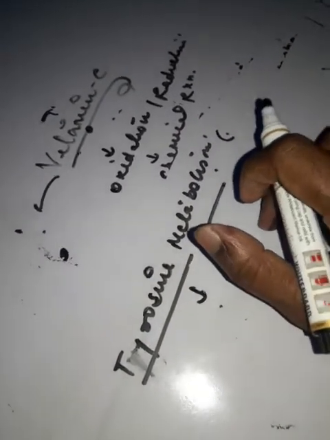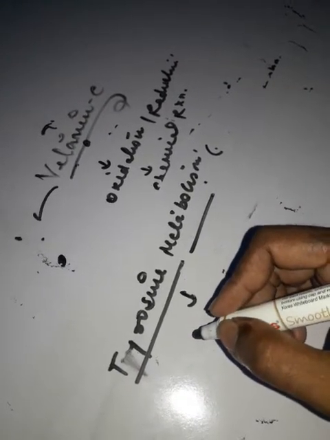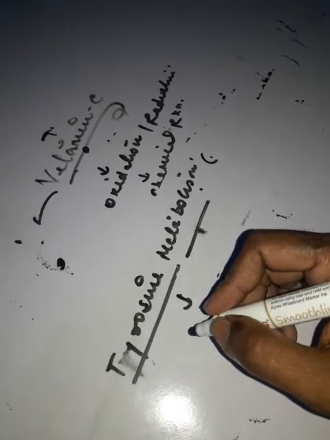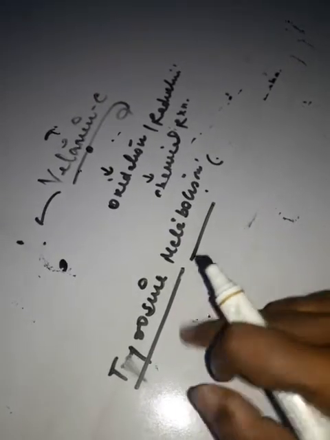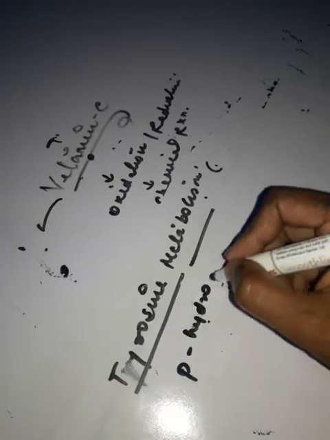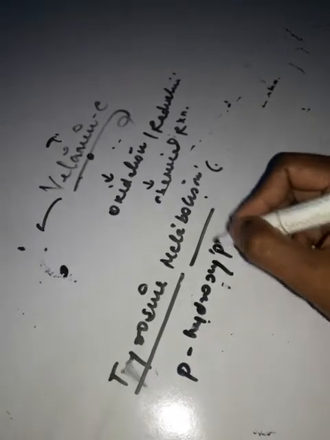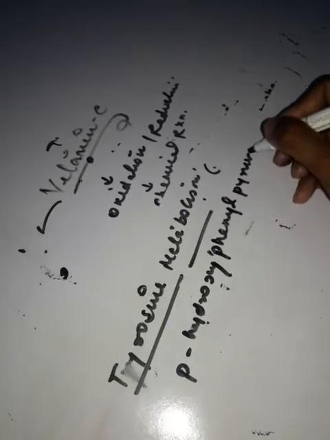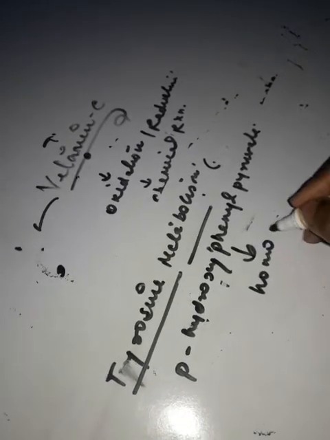initiates this. Okay, so oxidation of para hydroxy phenyl pyruvate, para hydroxy phenyl pyruvate, gives one chemical named homogentisic acid.